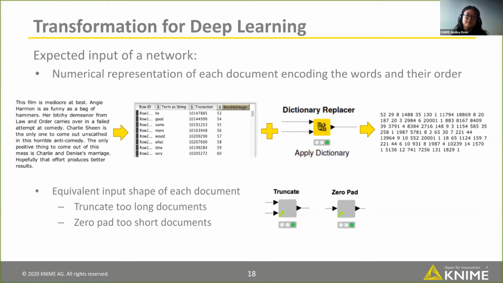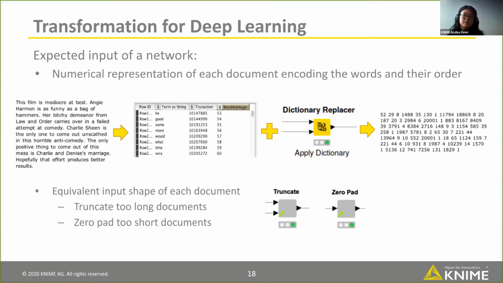And for long documents, we have to truncate them, meaning we just cut them off. We take only the first, for example, 50 words or 1,000 words, depending on your data. For example, if you're analyzing Twitter data, then you know how long it should be. Or if you have different documents or any longer documents, then you have to find out yourself how many words should be allowed in this document.